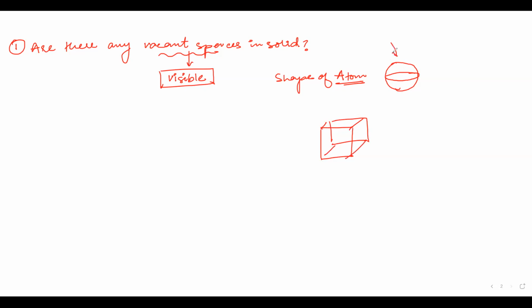No matter how many atoms you fit in a cube, there will always be some space vacant. By that understanding also, we can conclude that there are vacant spaces in solid and they are called voids.